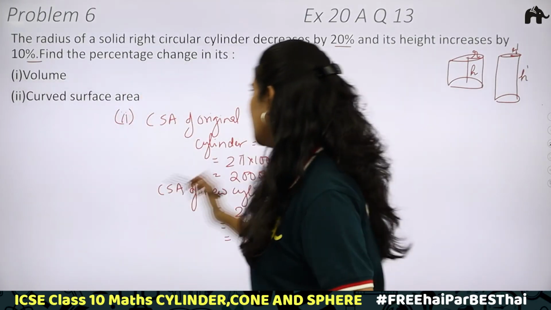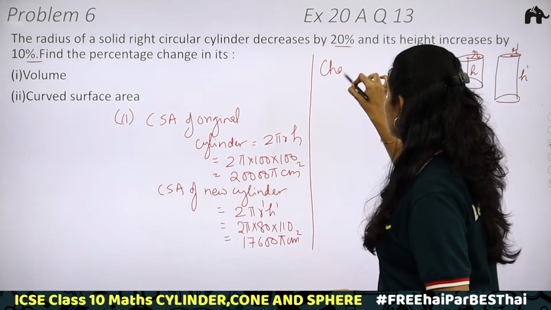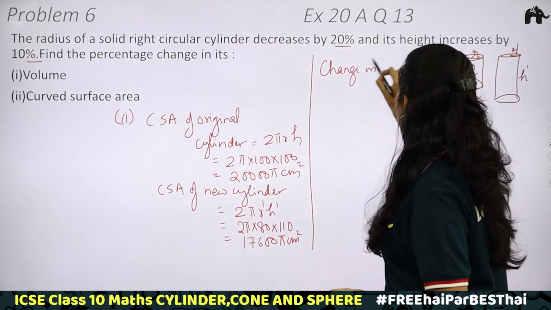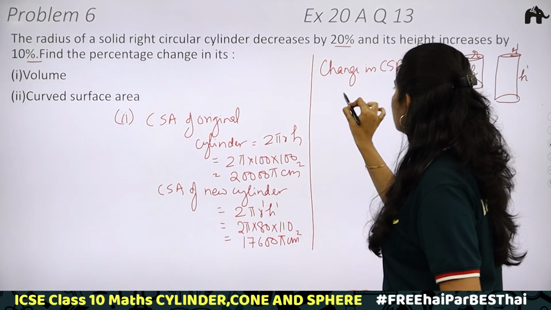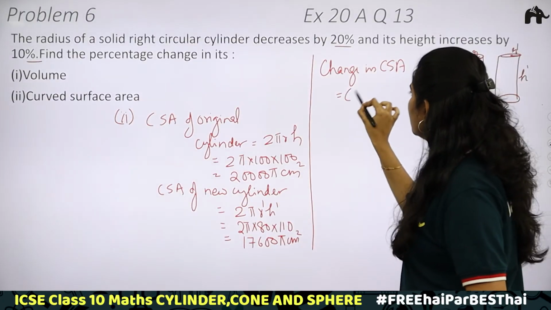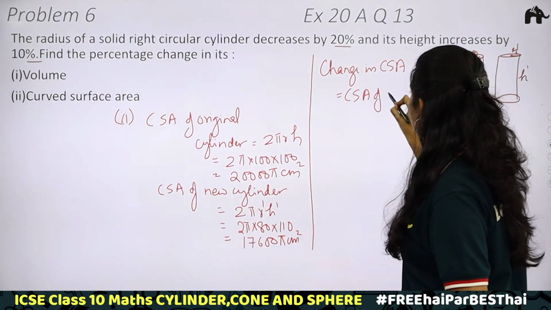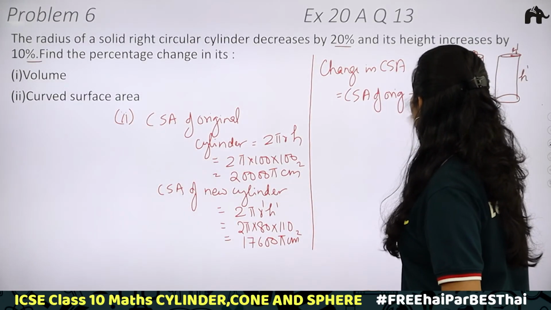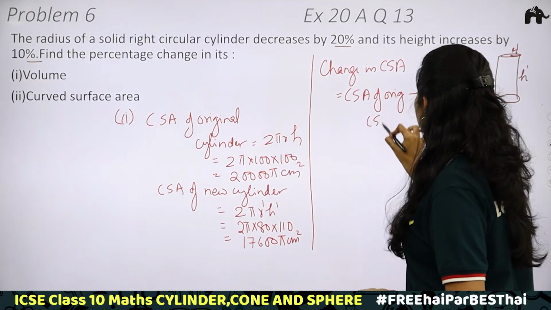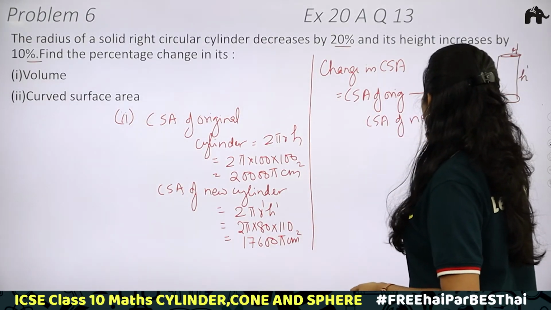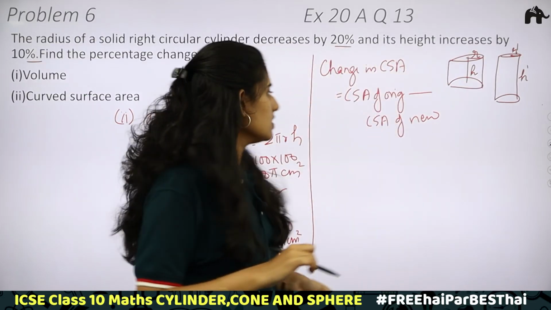Change in CSA. Change in curved surface area is equal to curved surface area of the original minus curved surface area of the new cylinder. Now put the values.